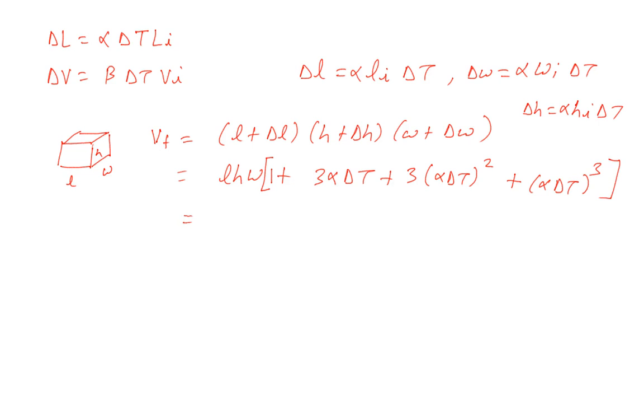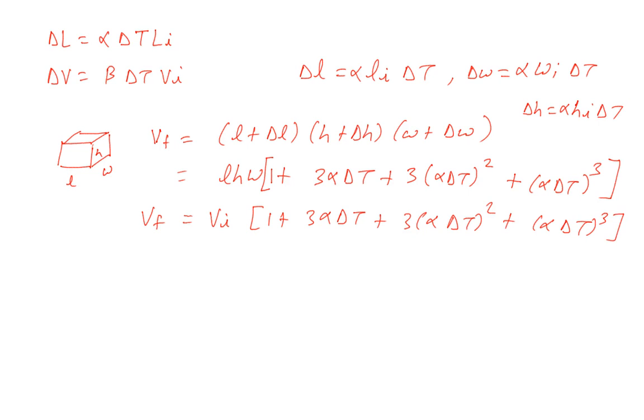So this is nothing but Vf equals Vi times 1 plus 3 alpha delta T plus 3 alpha delta T squared plus alpha delta T cube.